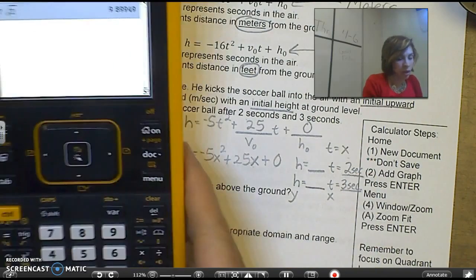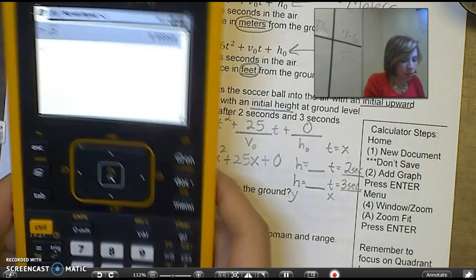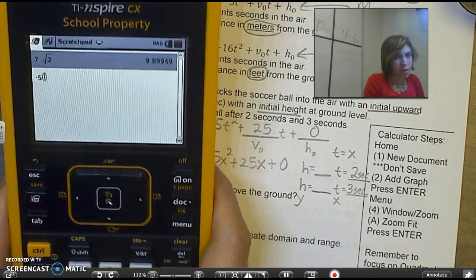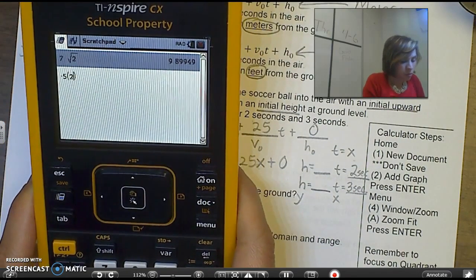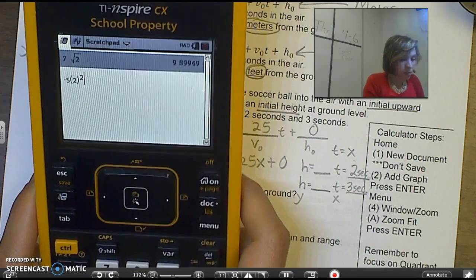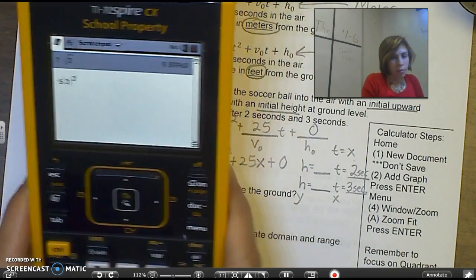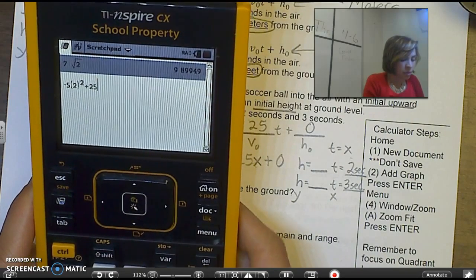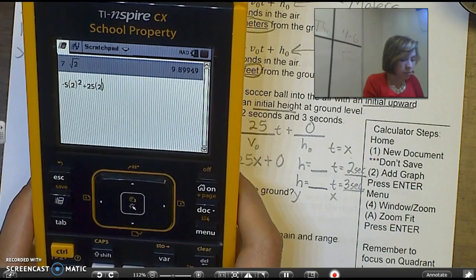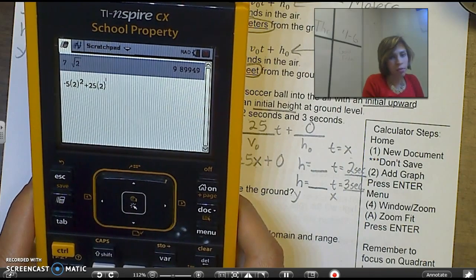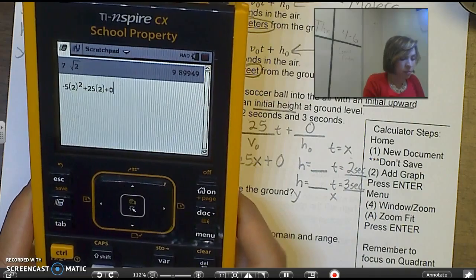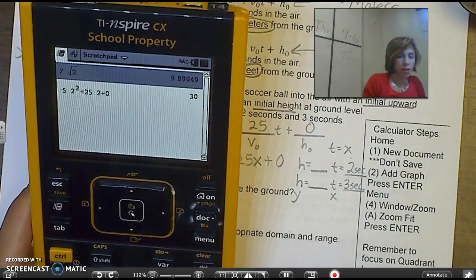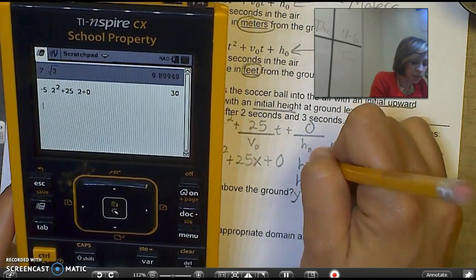So I put in negative 5, parentheses, 2 squared, plus 25 times my x value, which is 2. I'm just plugging in the 2 for the x, plus 0. I'll get a number out. That's 30. So my height at that point is 30.